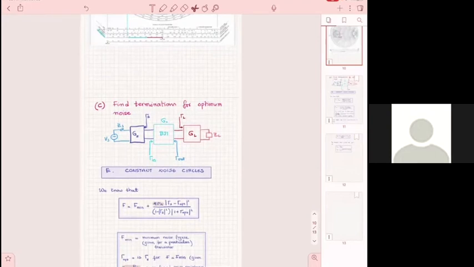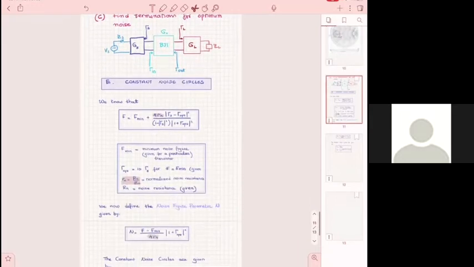Do you remember what I said about noise? That noise impacts what? Just the source matching network. Exactly. Why is that? Because of this. You see how noise is impacted by gamma S only.